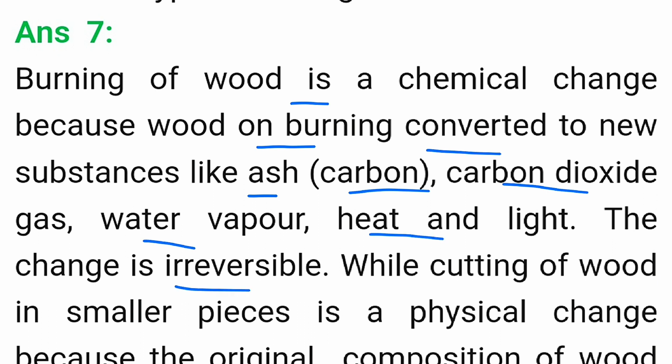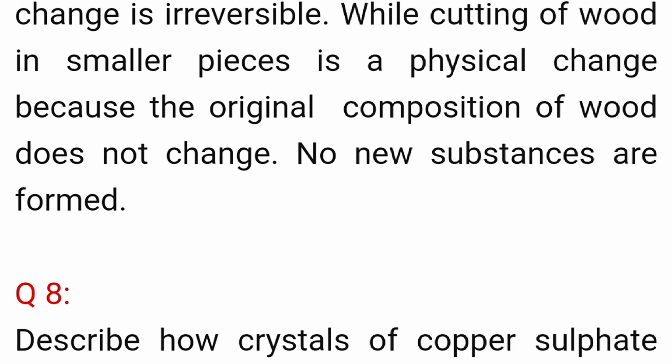The change is irreversible, while the cutting of wood into smaller pieces is a physical change, because the original composition of wood does not change and no new substances are formed.